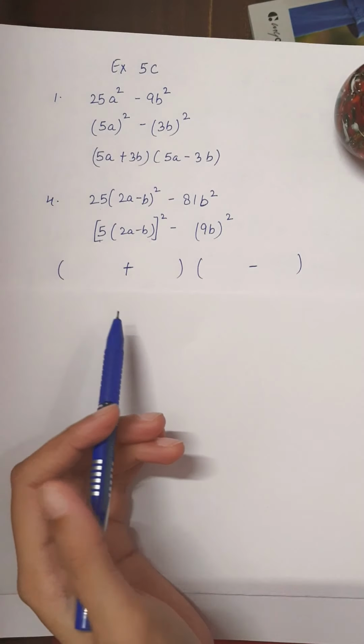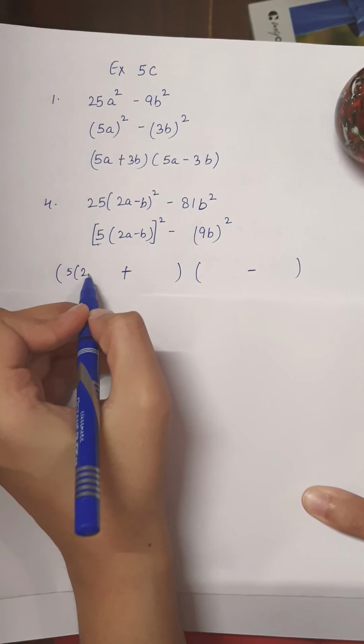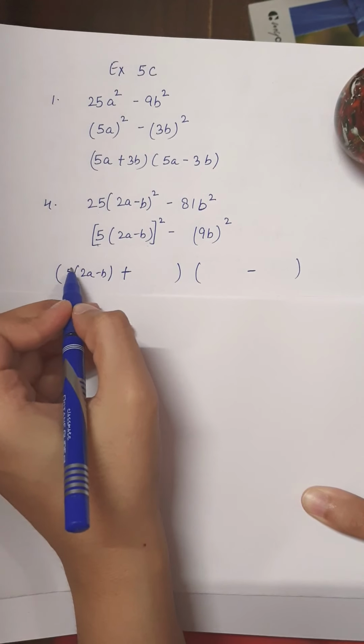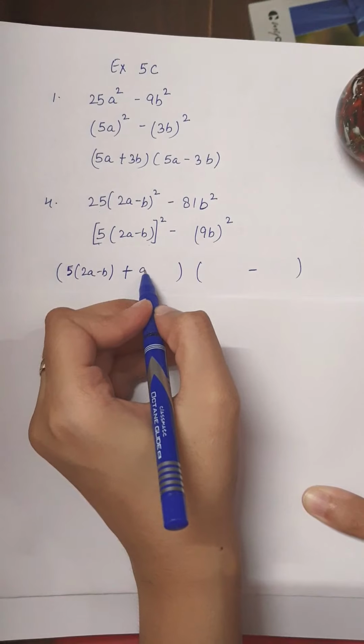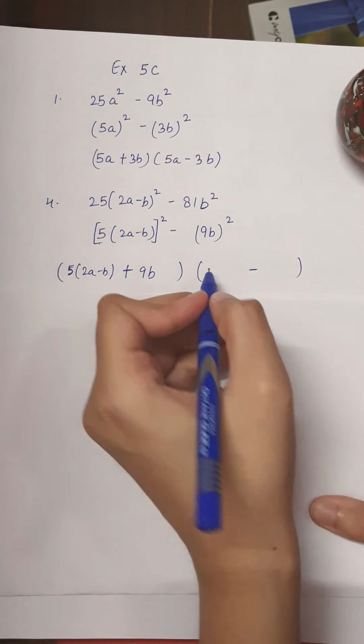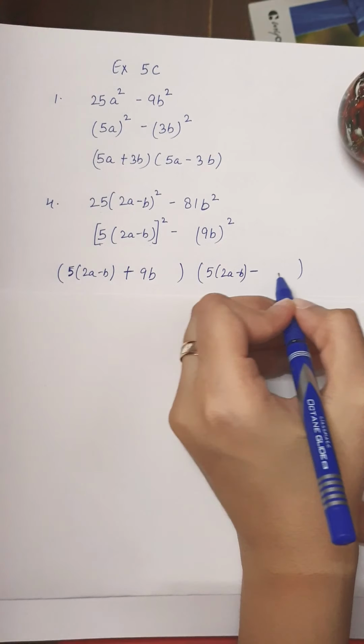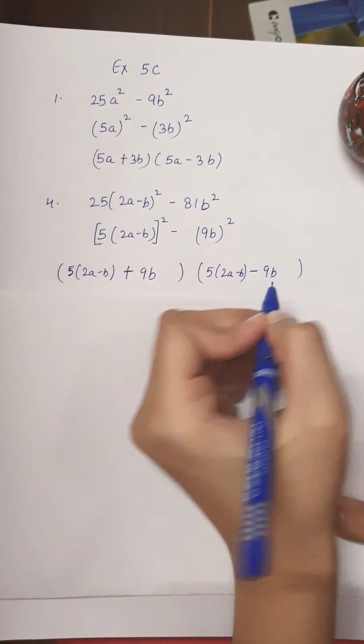That's it. So for the sum of these two, first I will copy down as it is, and the second also as it is, sum of both the brackets. Likewise the difference of both the brackets, 9b.